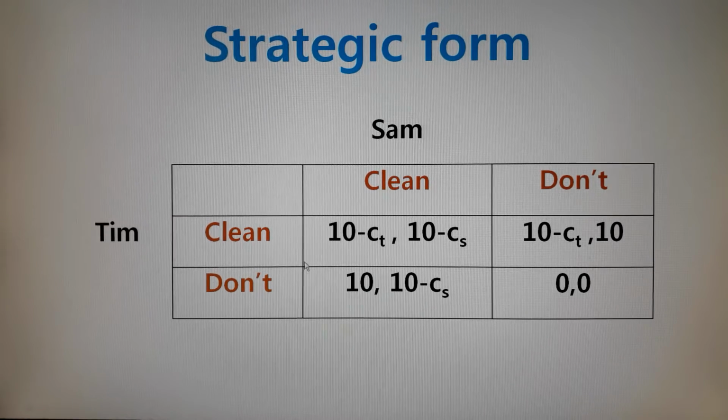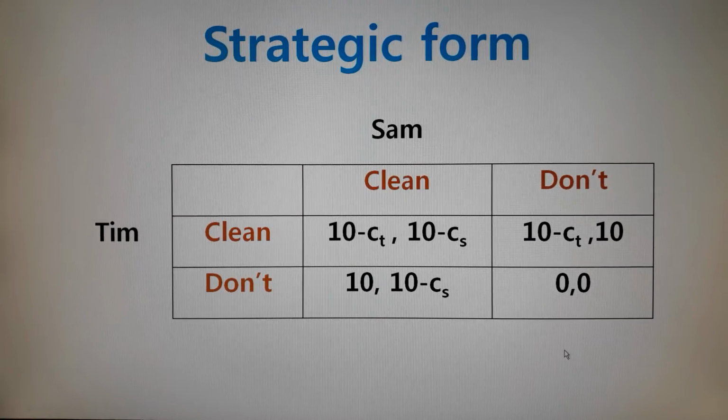If both cleaned it, then both have a cost, though that is a little unrealistic because if both cleaned it, maybe the room would be a little cleaner. But in this example, it's going to be 10 and 10. Likewise, if Tim cleans, only Tim incurs the cost and Sam does not. Okay, this is your case.